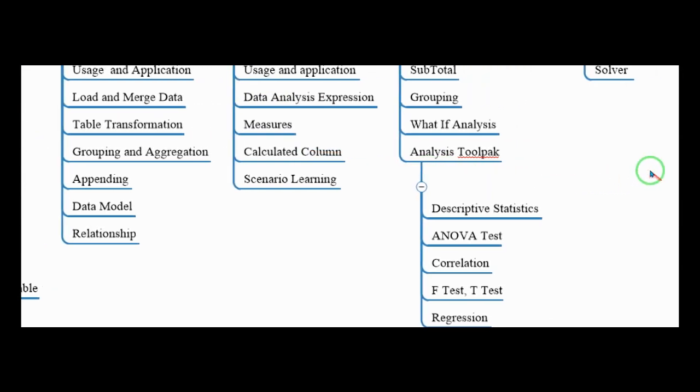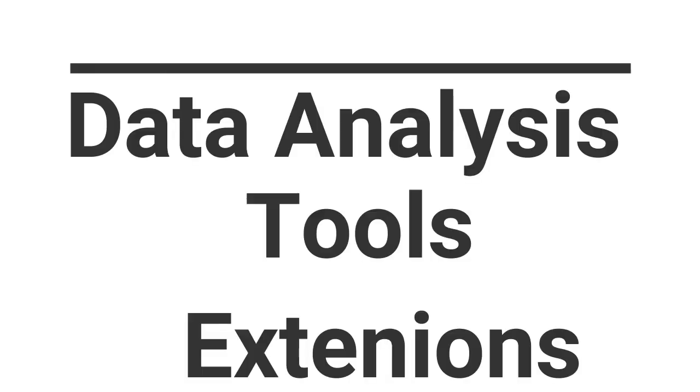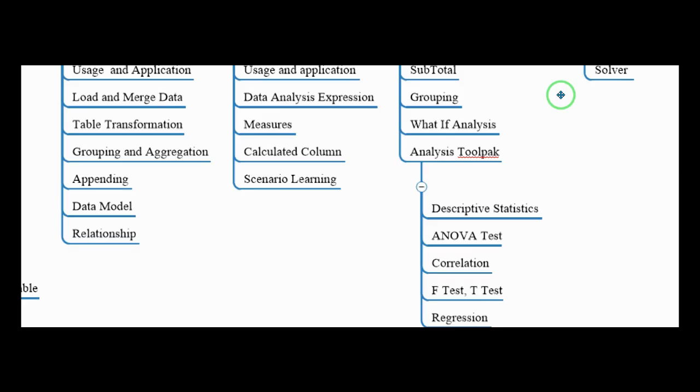As a sixth topic for the Excel roadmap, as a data analyst, I want to refer to the tools and extensions that you need. Data analysts should learn the tools and extensions that help to analyze data at different layers of analysis, from descriptive to prescriptive.